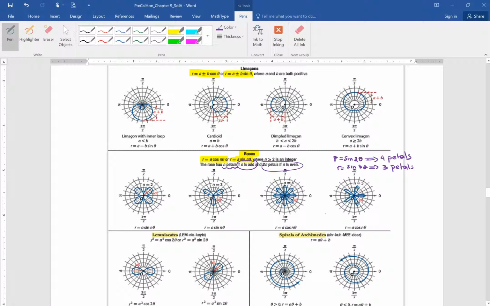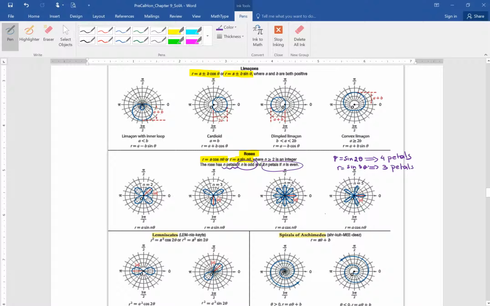Here are the things you need to know. If I give you a graph, you should be able to come up with an equation. So for example, if it has 6 petals, then what would the equation look like?